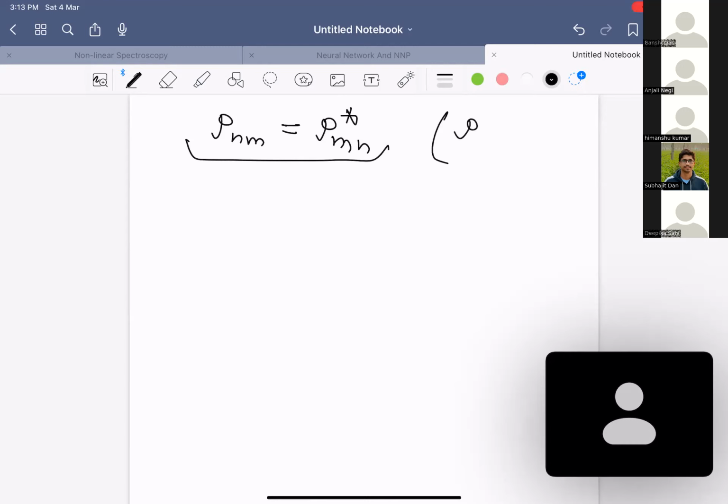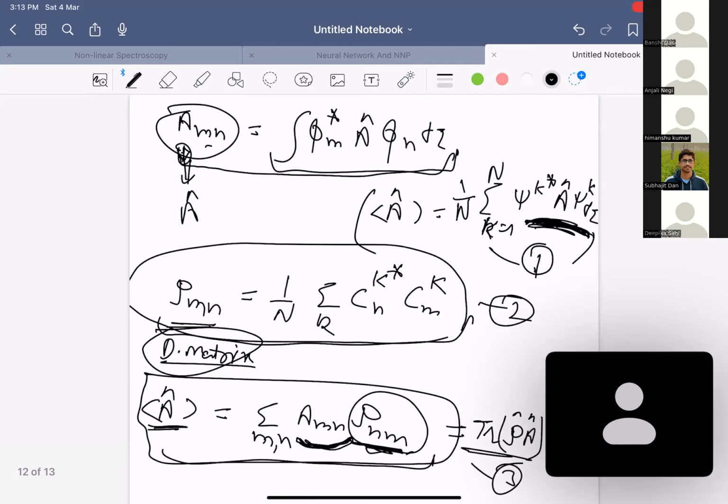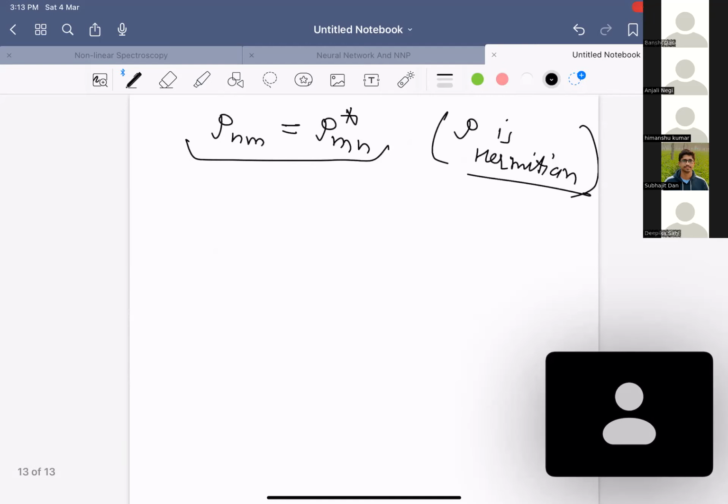So rho is Hermitian. Now suppose our operator is the unit operator, just 1.